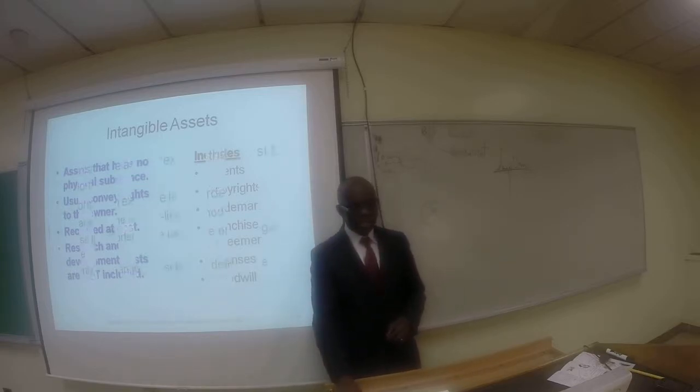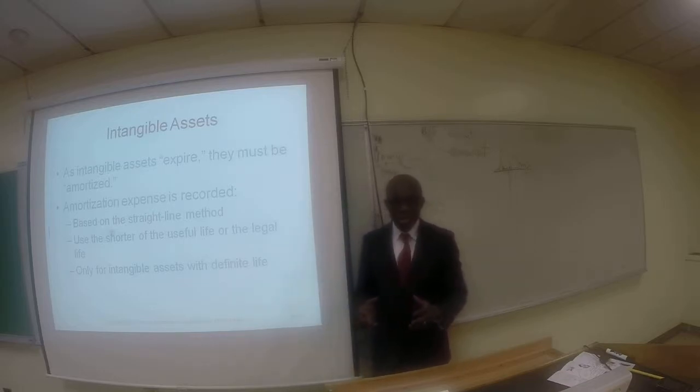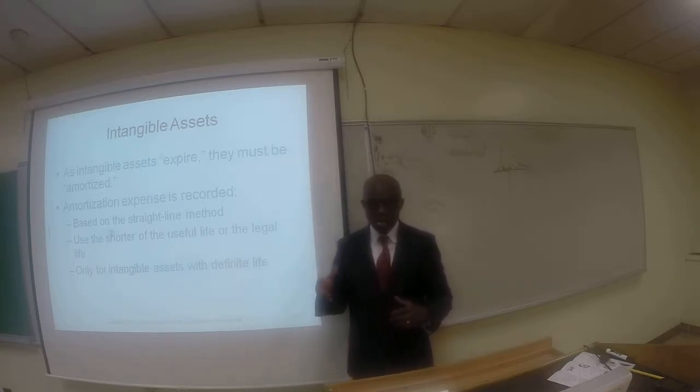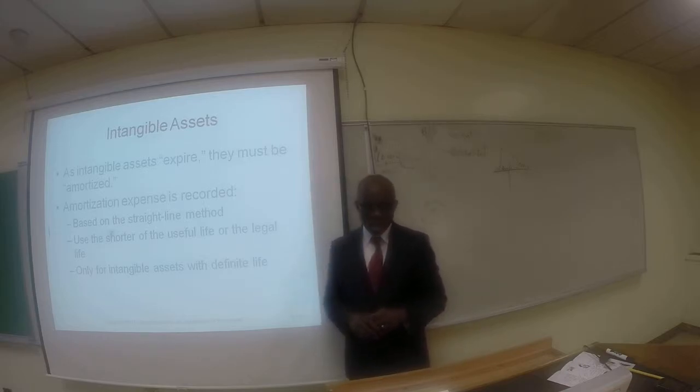So let's take a look at what we do with the cost of intangible assets. As they expire, we say we have to amortize them. The amortization expense is recorded based on the straight line method. Of course, we can use the shorter of the useful life or the legal life as well.